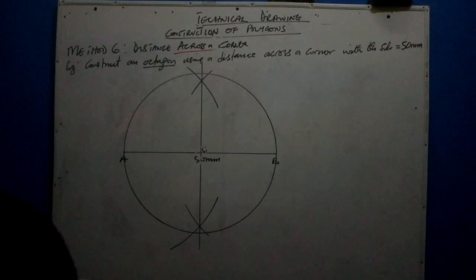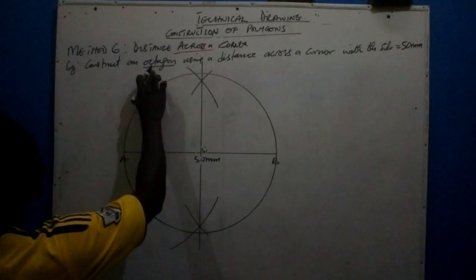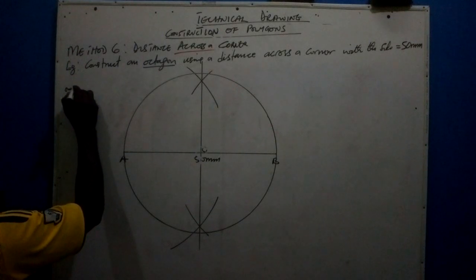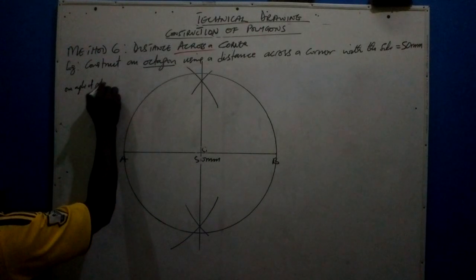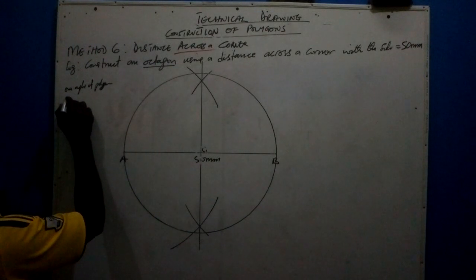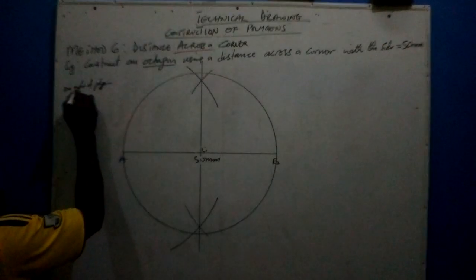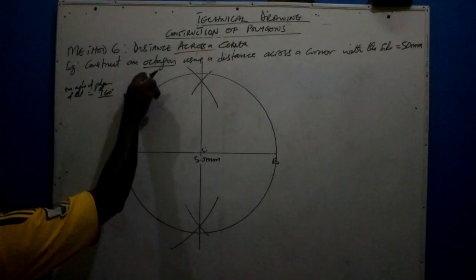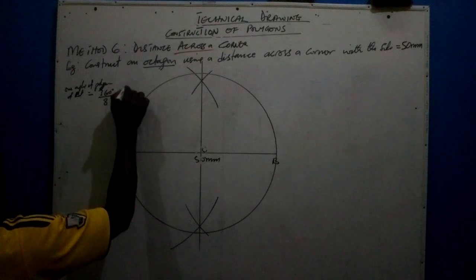Now you can ask yourself, the polygon that you are drawing is an octagon. I can say that one angle of the polygon at the center of that circle is equal to 360 degrees over the number of sides of the polygon, which is 8, which will give me 45 degrees.